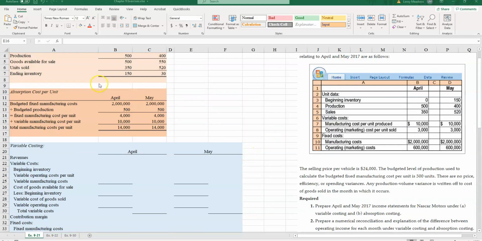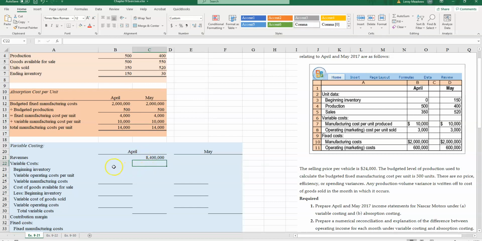So let's see. We'll take the number of units sold, and in this case, I sold 350 units. So let me get my calculator out here. Okay, so I'll take my 350 units sold times my selling price of 24,000, and in April, I'm going to have sales or revenue of 8,400,000.